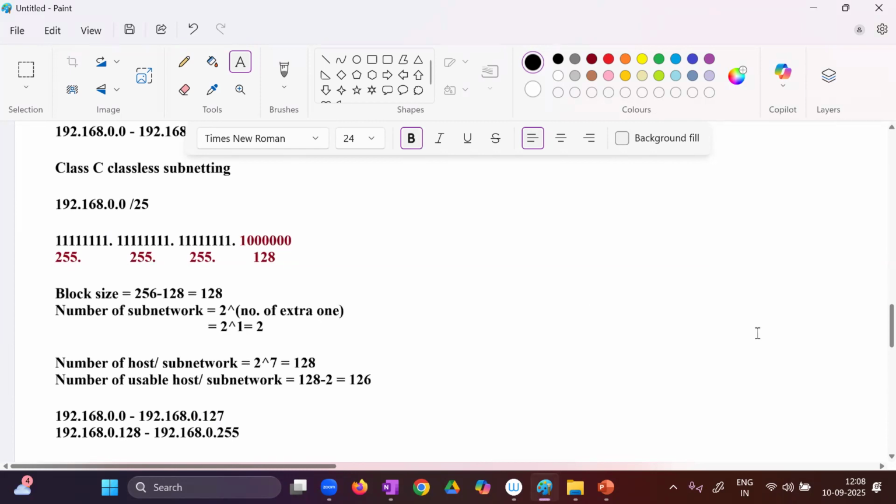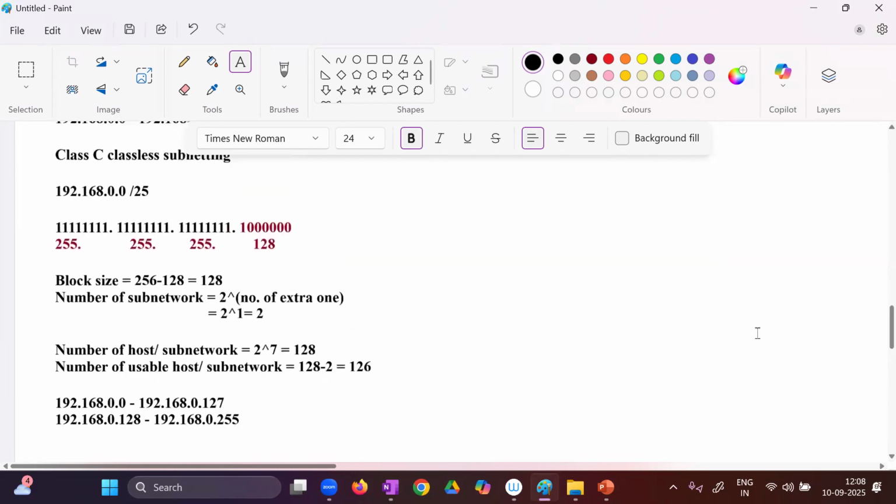Same thing, see what it is telling you. Number of hosts per subnetwork is 128. First, what is the number of subnetworks? Two. How many did you get? Two. One, two. Satisfied? Second is number of hosts per subnetwork.